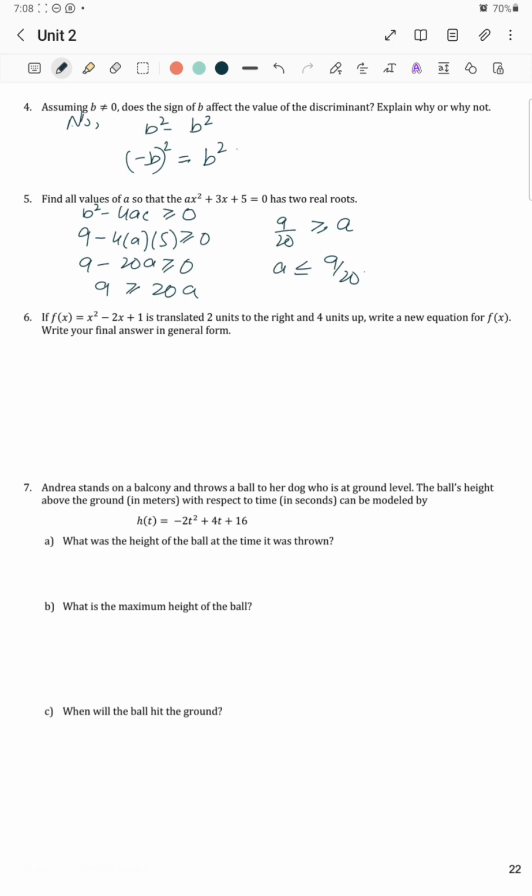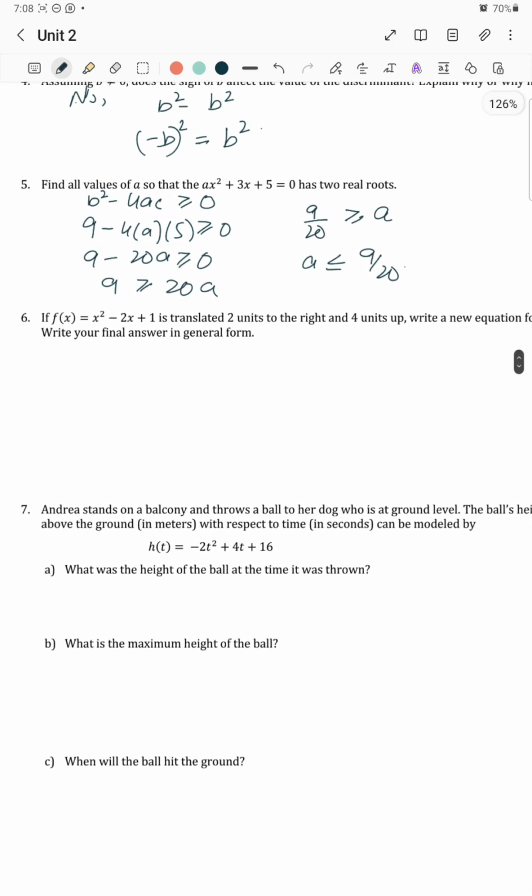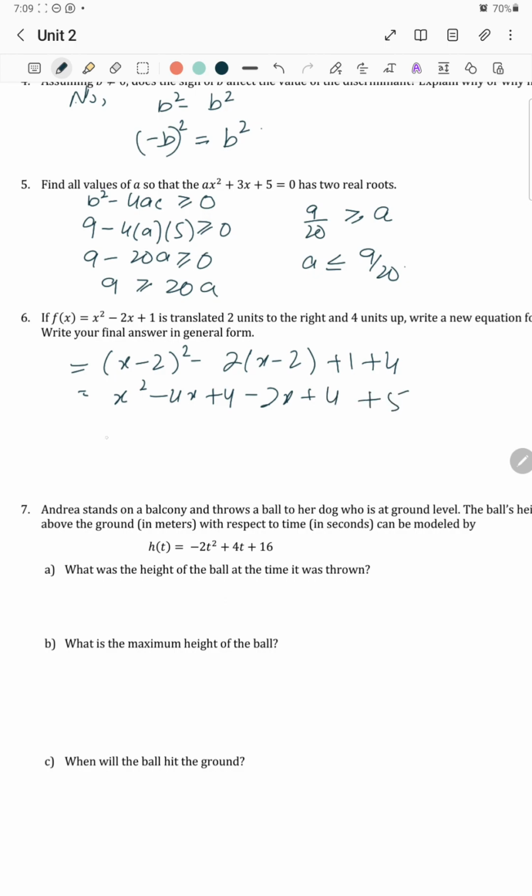So 2 units to the right means x is replaced by x minus 2, and 4 units up. So (x minus 2) square minus 2(x minus 2) plus 1 plus 4, which equals (x minus 2) square minus, let's solve this too, x square minus 4x plus 4 minus 2x plus 4 plus 5, which is equal to x square minus 6x plus 15.